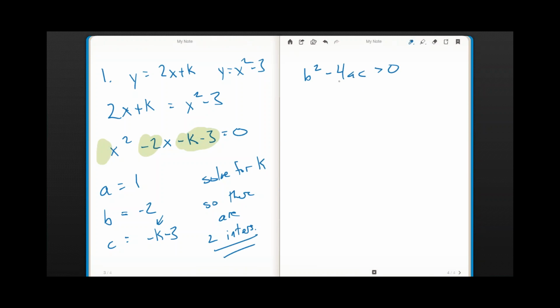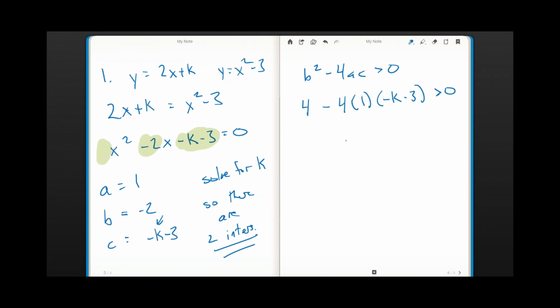All right, so b squared minus 4ac has to be positive so that I have two intersections. b squared is 4. Make sure I write it down correctly. b squared minus 4ac looks like that.